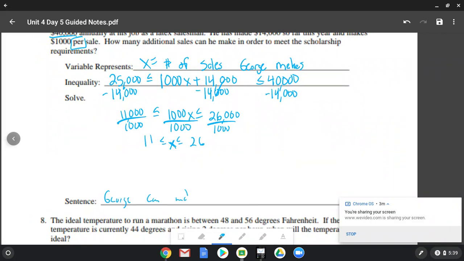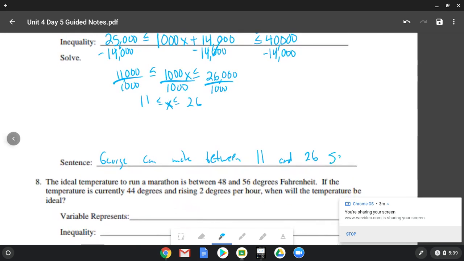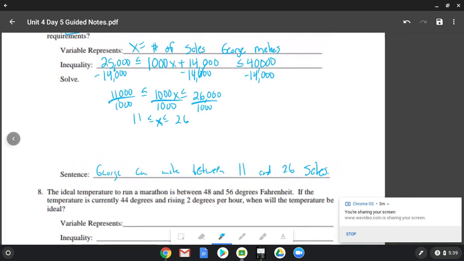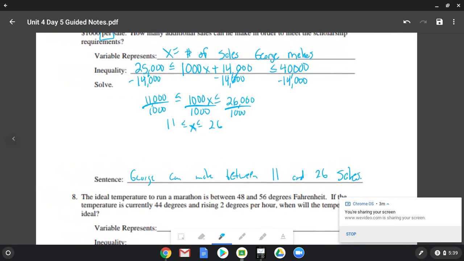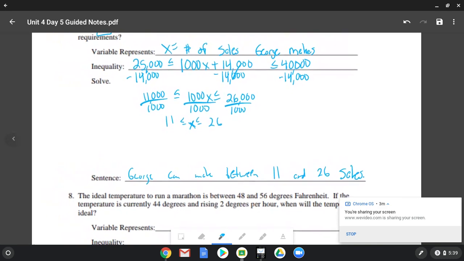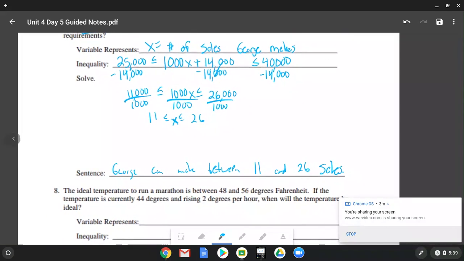George can make between 11 and 26 sales. So that would be one where you have a total and you have a multiplier all in the same question. So those are the toughest ones.